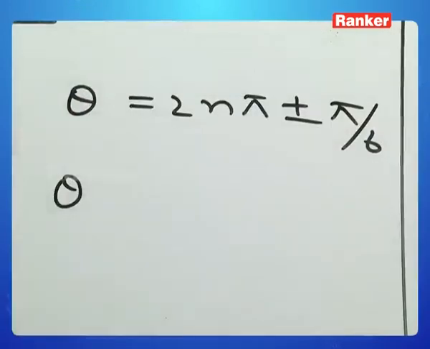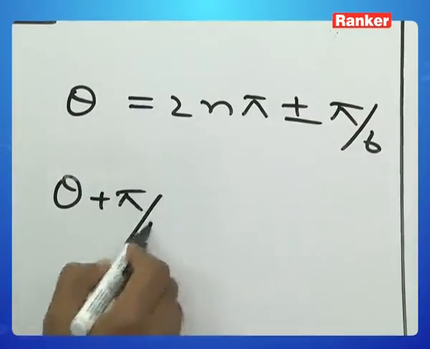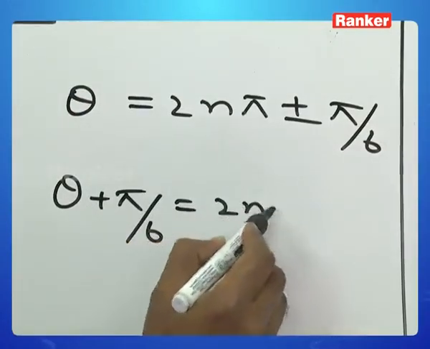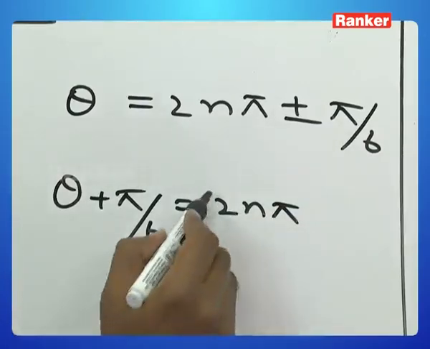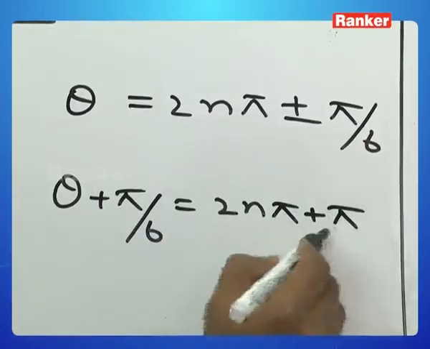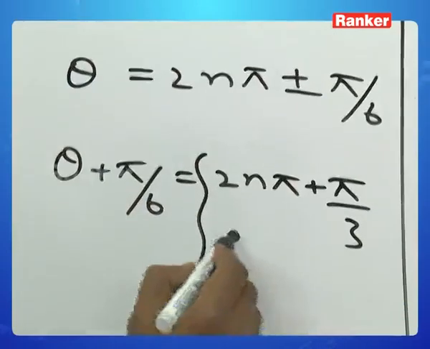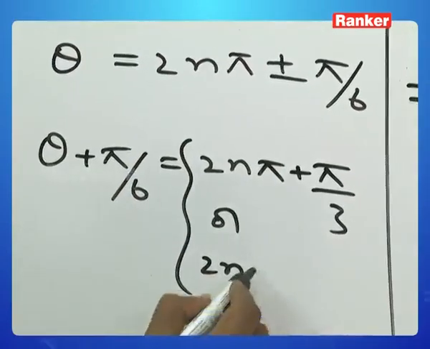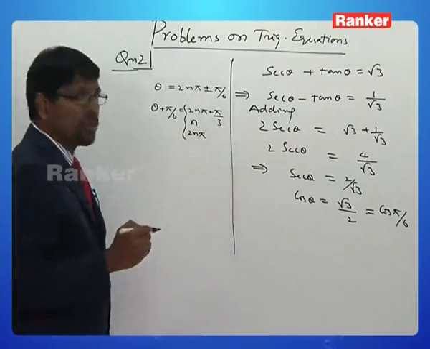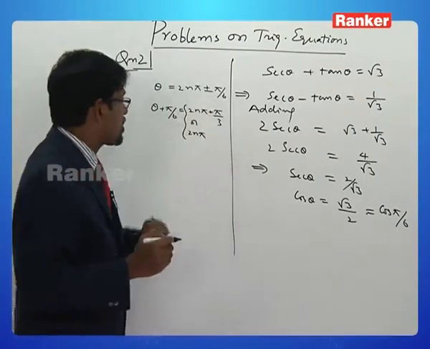So your theta plus pi by 6 will be 2n pi plus pi by 3 or 2n pi, because you can have a minus or plus.